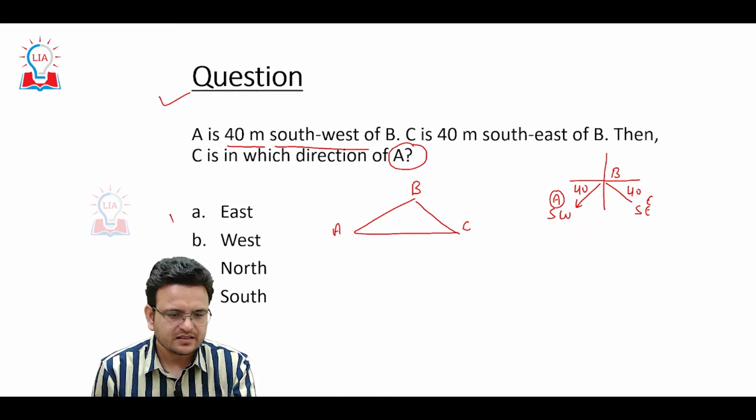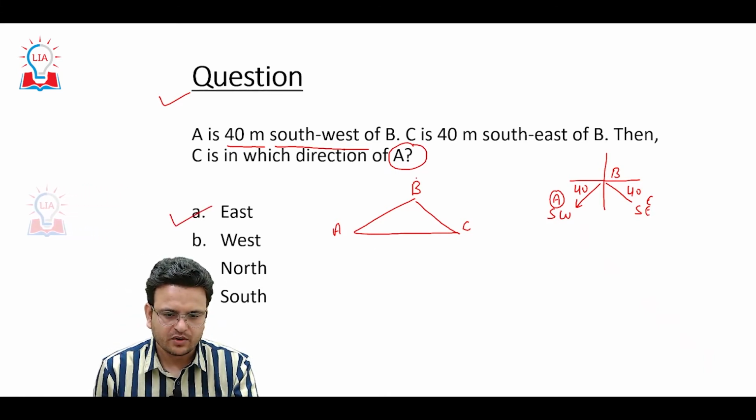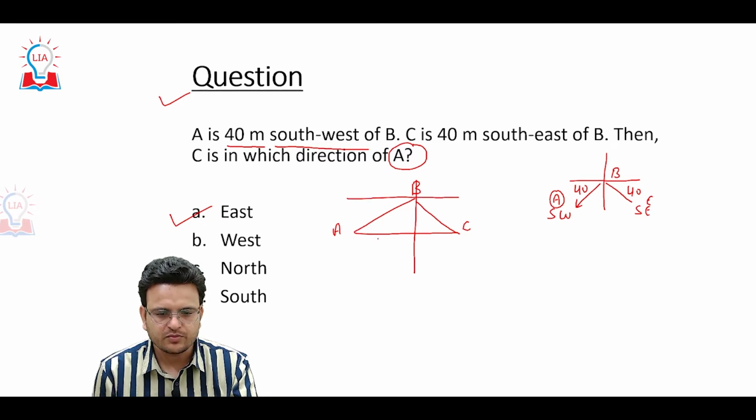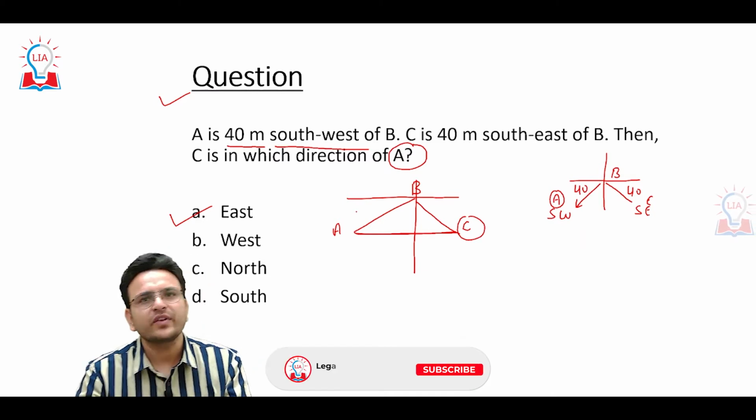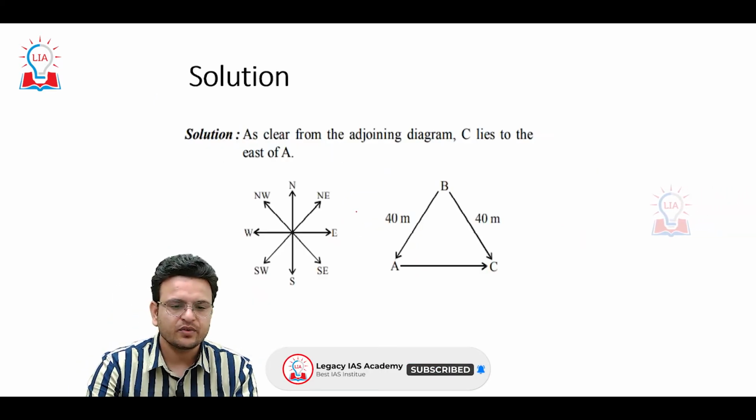That is east. We can see that C is east direction of A. So again I am telling you, try to draw the diagram very carefully.